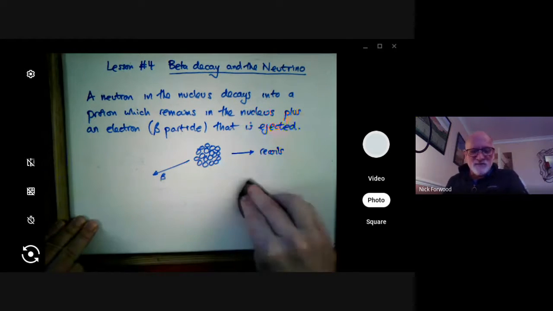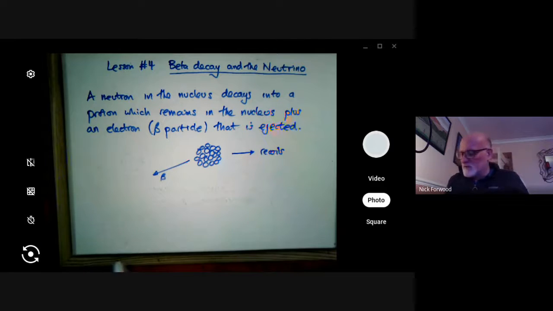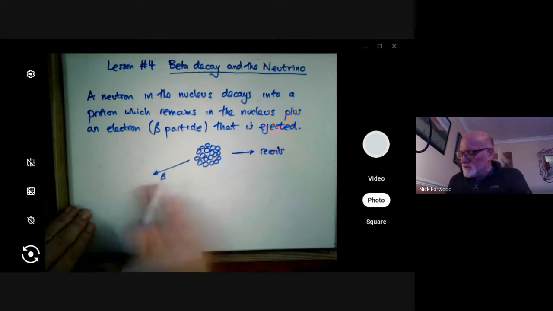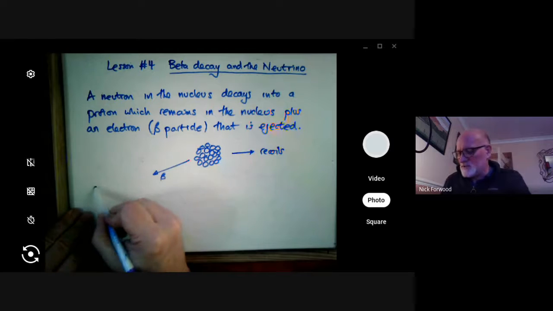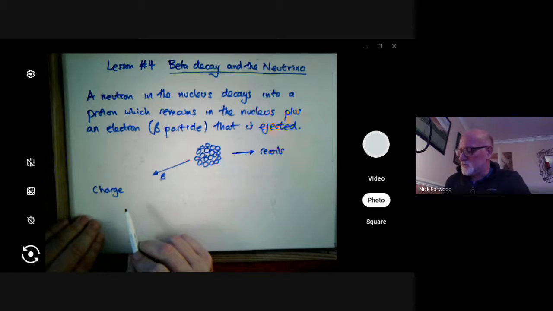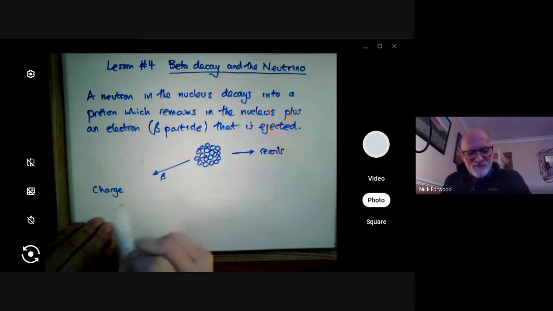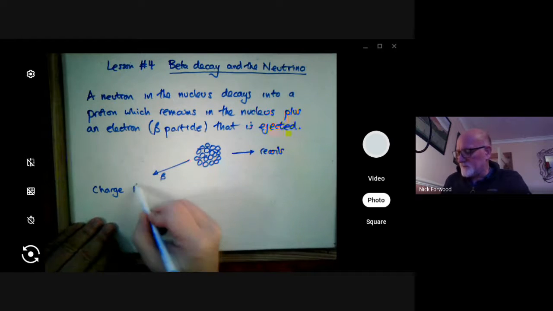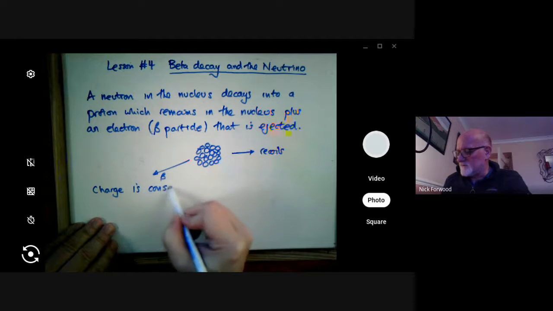Okay, conservation of charge goes something like this. Charge is conserved. That means that all the charge beforehand must be equal to all the charge afterwards. So charge is conserved.